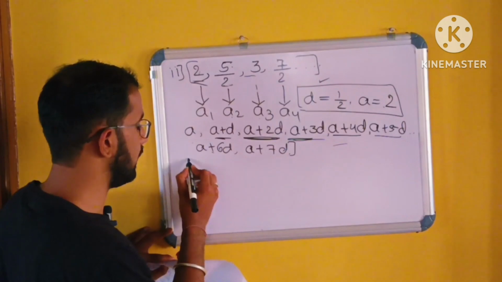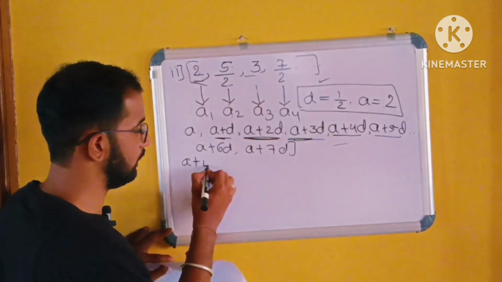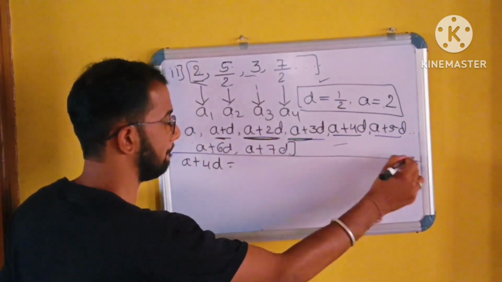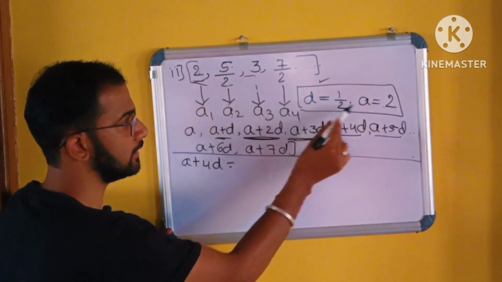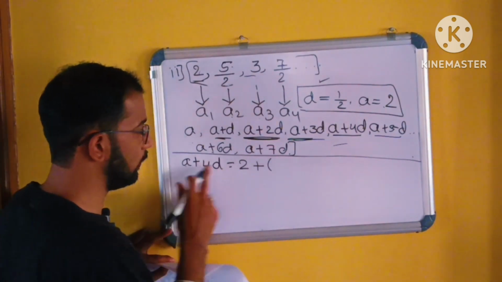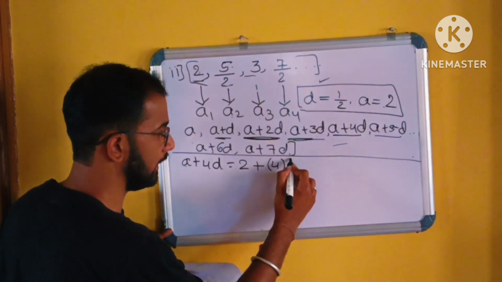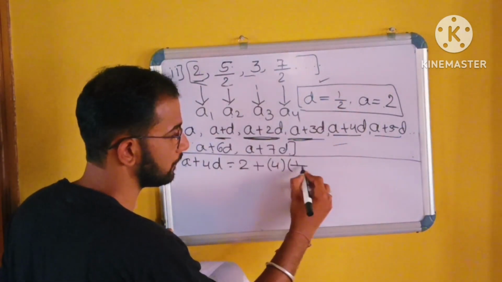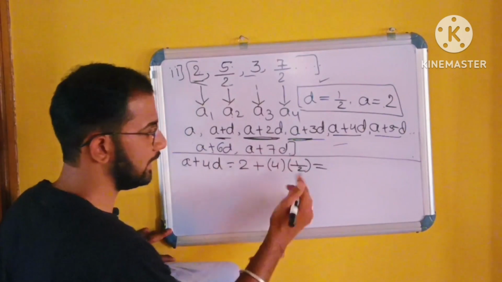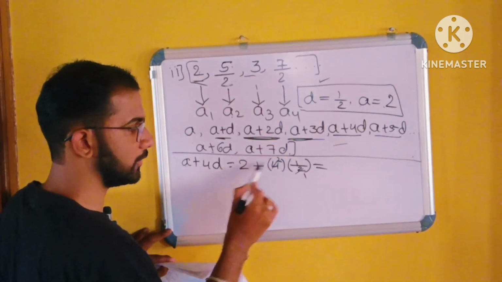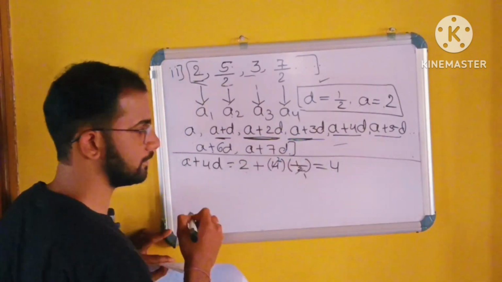Let's consider A plus 4D. What is the value of A? A is 2 plus 4 into what is D? D is 1 by 2.